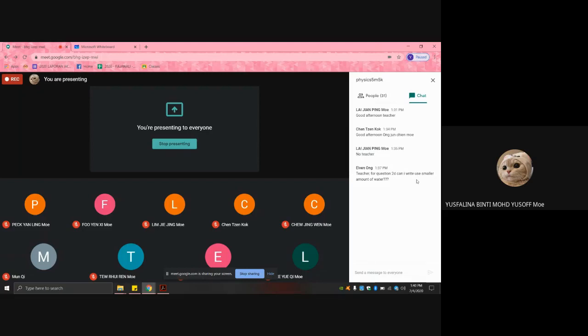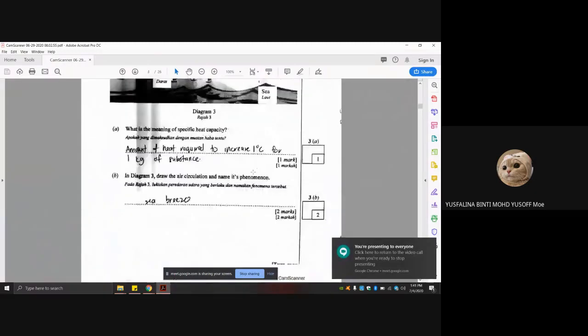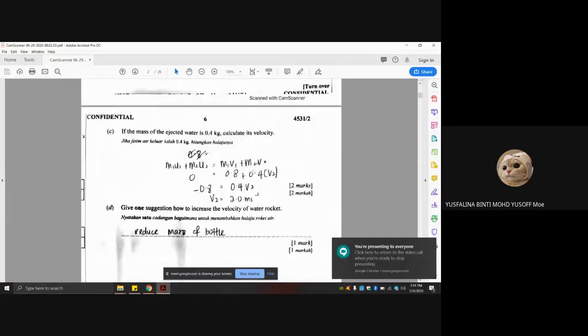If you use a small amount of water, it means the momentum of the ejected water will be low, right? So the bottle cannot go higher, right? Because, let's see question number 2 first. Because you know that the ejected water also produces momentum here.